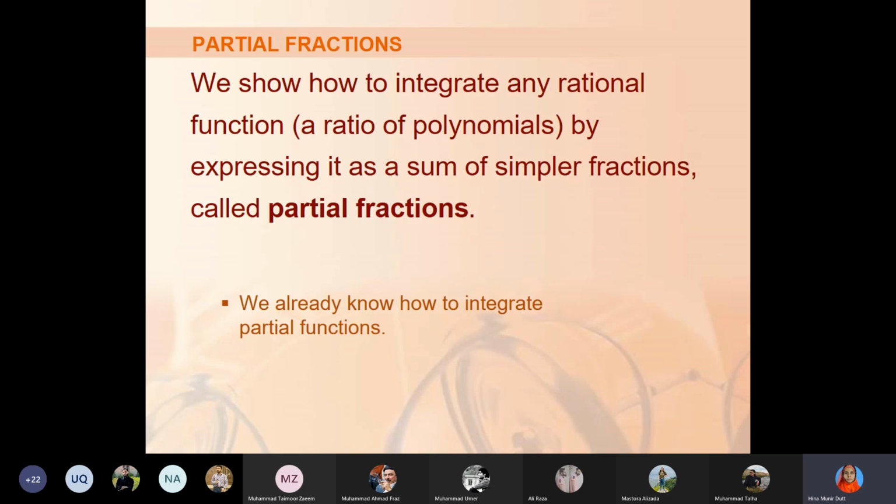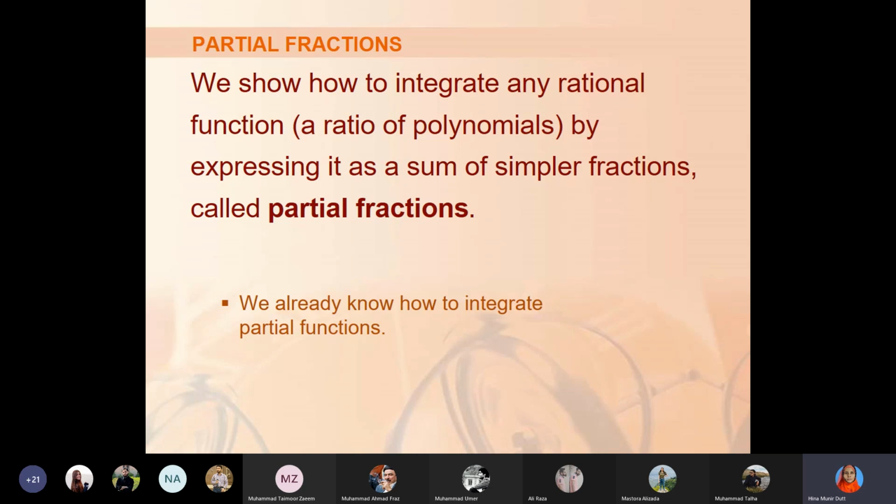We show how to integrate any rational function, that is, a ratio of polynomials, by expressing it as a sum of partial fractions. So if we have to integrate a rational function, we will first reduce it to a sum of partial fractions, and then we will integrate.